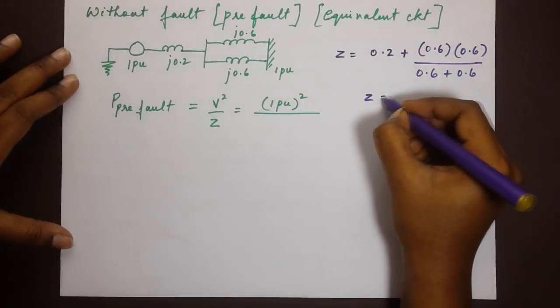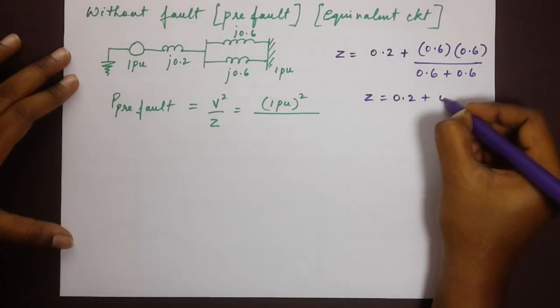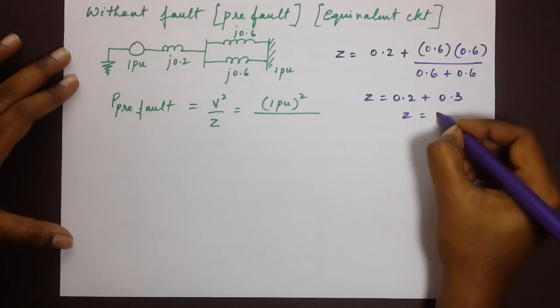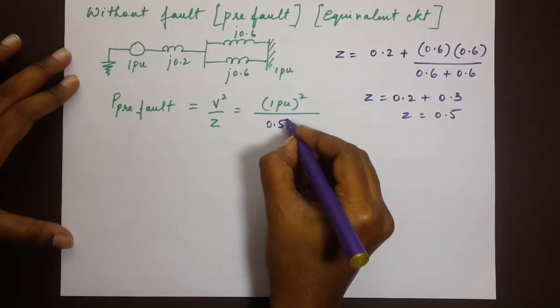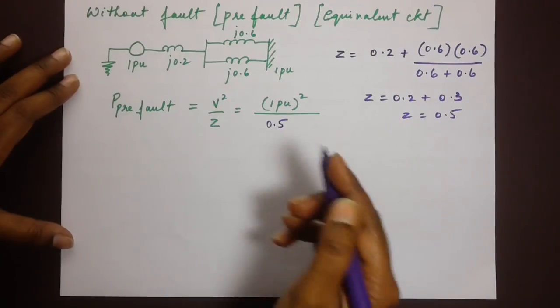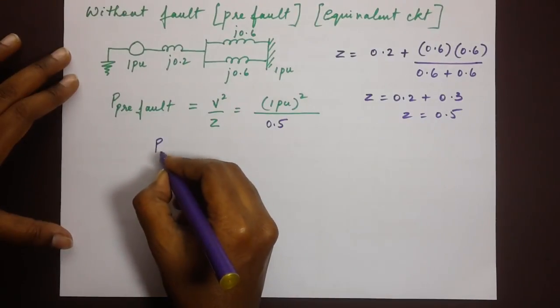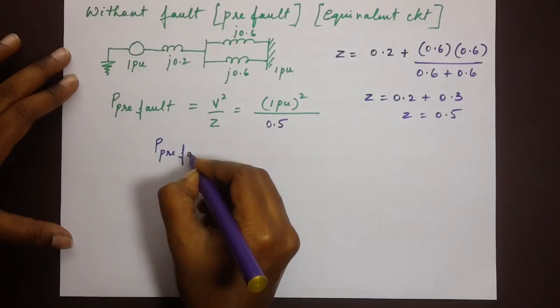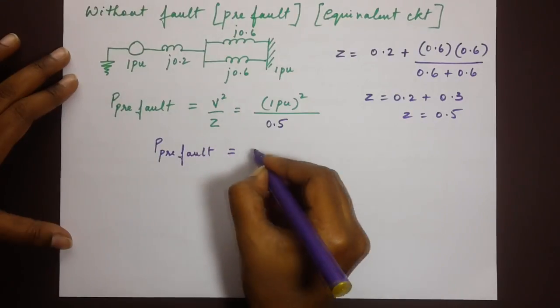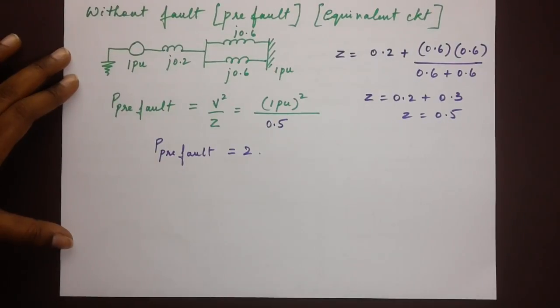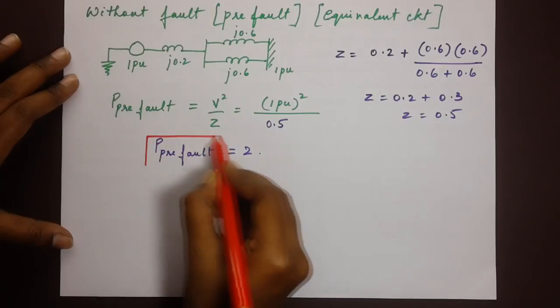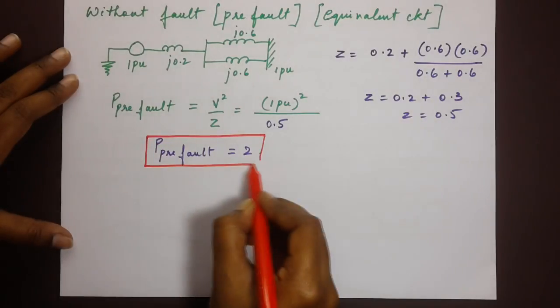So Z would be 0.2 plus 0.3, which is 0.5. Substitute that over here, 1 by 0.5 gives us the power at pre-fault as 2. So we'll keep this aside. This is the numerator part of the ratio that we are supposed to find.